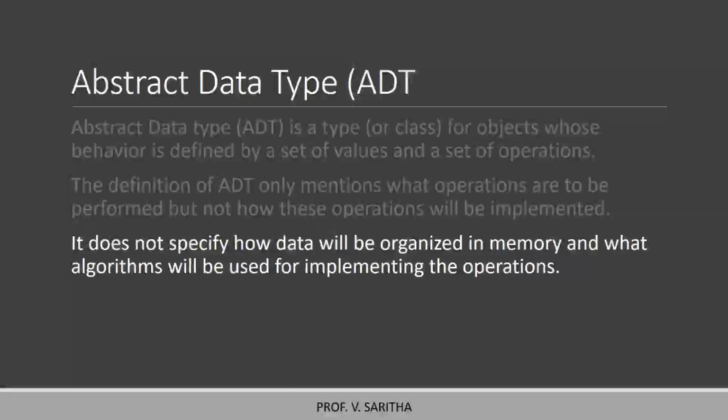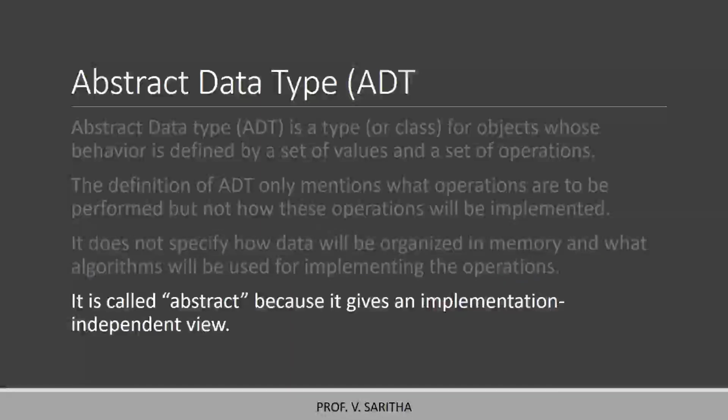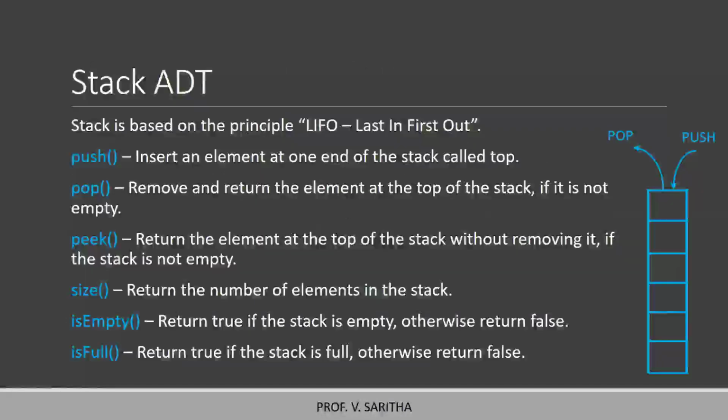Because we are not going to give the details of the solution, or how the problem will be solved or how the operation will be performed, in the ADT. So that is the reason why we call it abstract, and it is called an implementation independent view. So implementation details will not be given in the ADT.